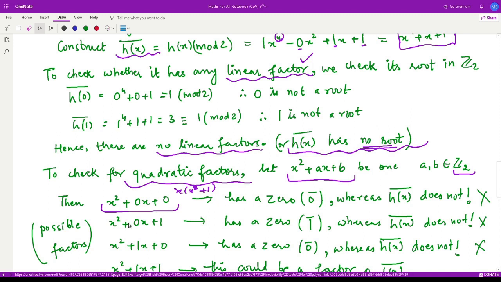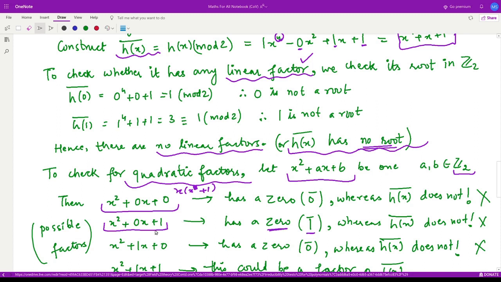Next we'll check x square plus x plus 1. So this also has a 0. That means when you substitute 1 in this polynomial, what will you get? You'll get 0, because 1 square plus 1 would be 2, and 2 mod 2 would be 0. So 1 is a root of this polynomial.